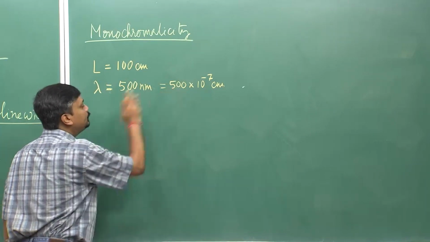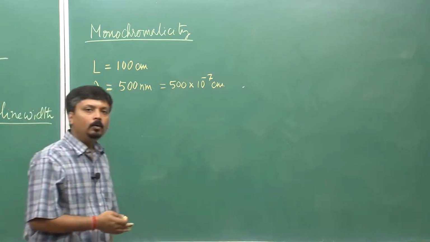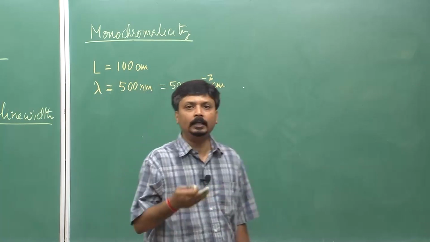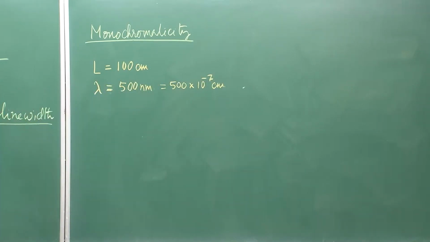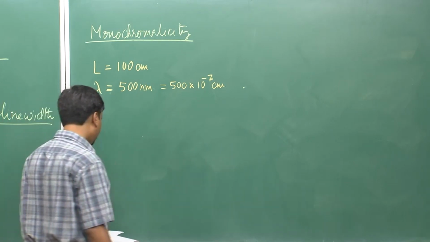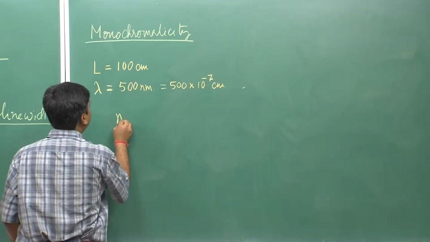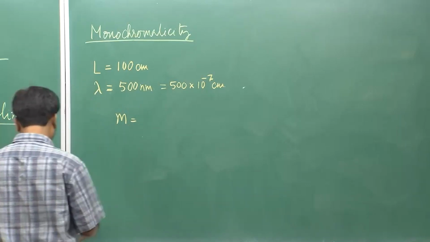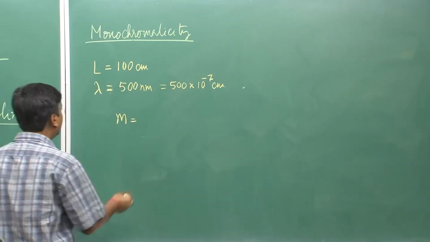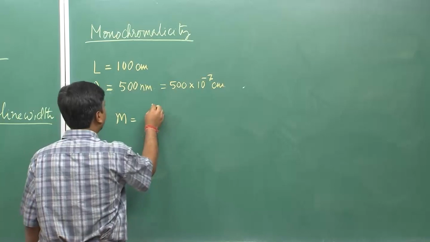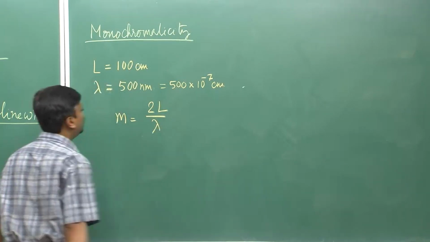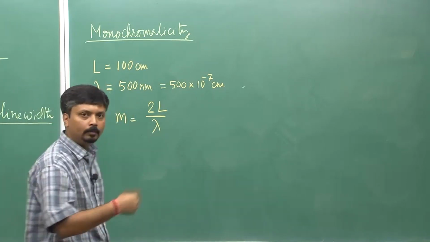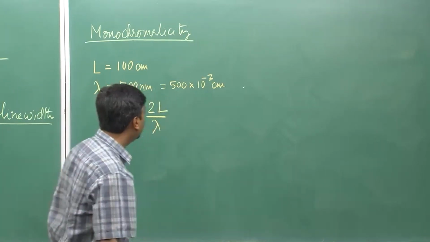Now, if this is my output, can I find out which mode it is? What is the value of m that we used earlier, right? If I have to find m, then what is the value? It is, because m lambda equals 2L, that we have seen just a few minutes back.